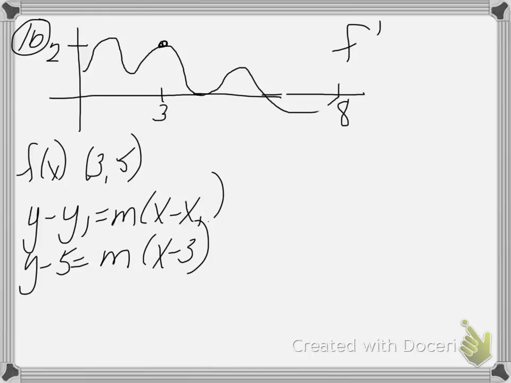Now, your question might be, at x equals 3, the tangent line to the curve would be 0, y is in the slope 0. That's because this is a derivative picture. So it's saying that when x is 3, the slope is equal to 2. So put that in. And that is choice C.